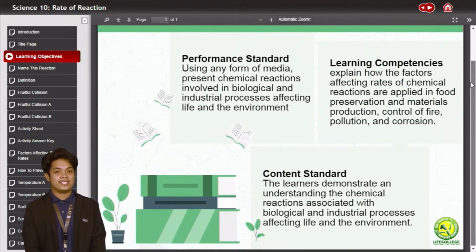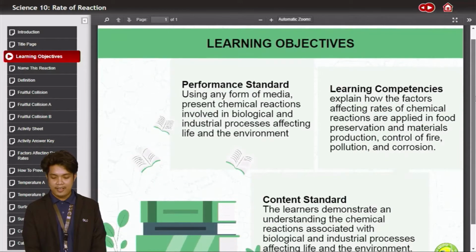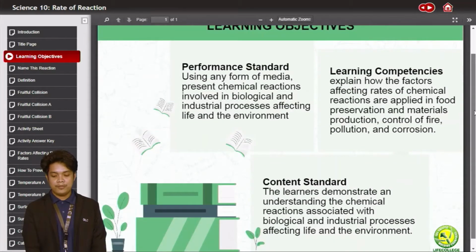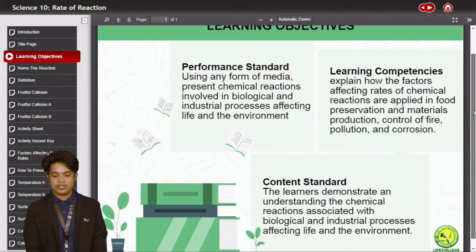Our content standard, on the other hand, is that you should demonstrate an understanding of chemical reactions associated with biological and industrial processes affecting life and the environment. Before we start our class, let's have an activity.